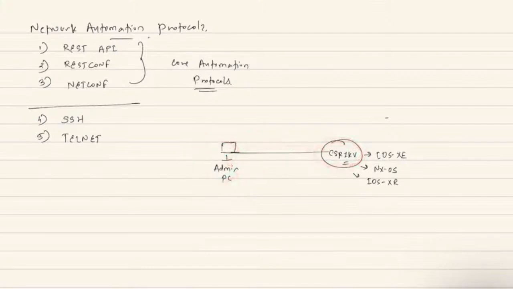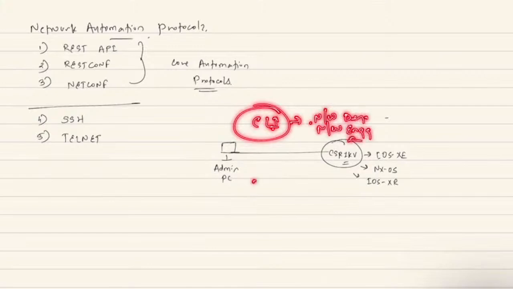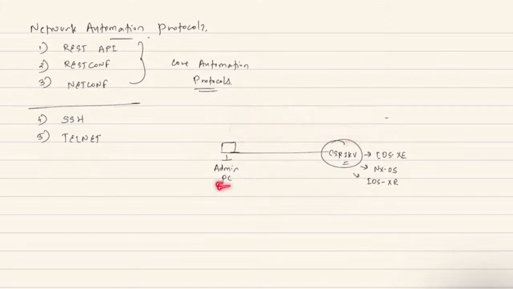It is written in CLI, and CLI outputs are supposed to be understood by network devices or network engineers. A normal human being won't really be able to consume that data, and neither will your management PC. That's why these protocols come into the picture.